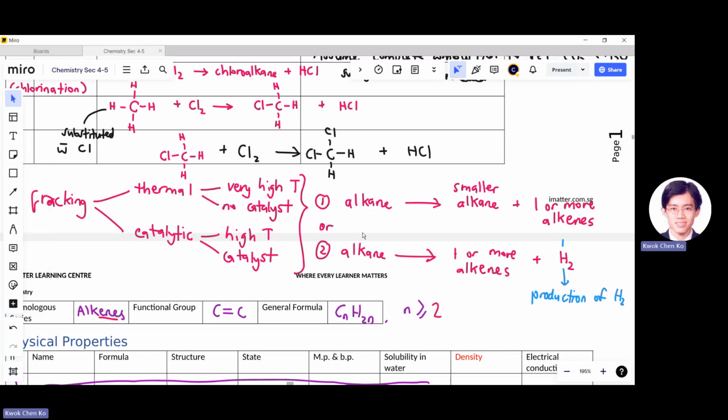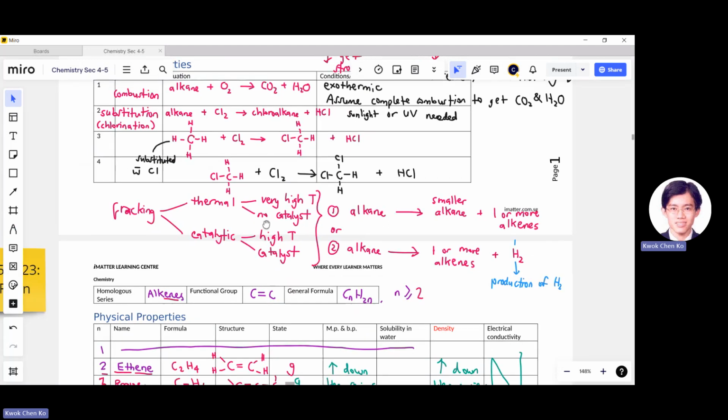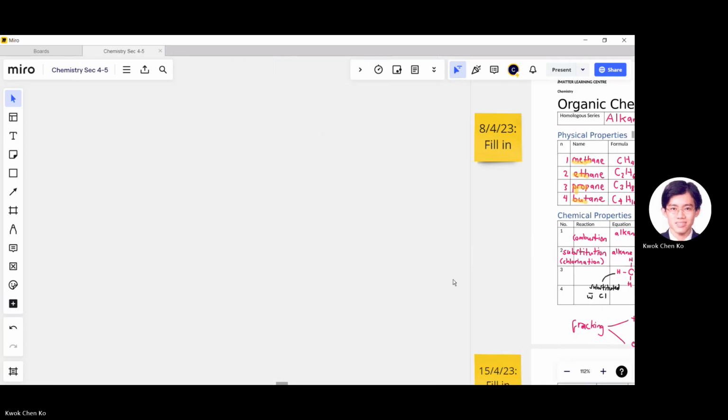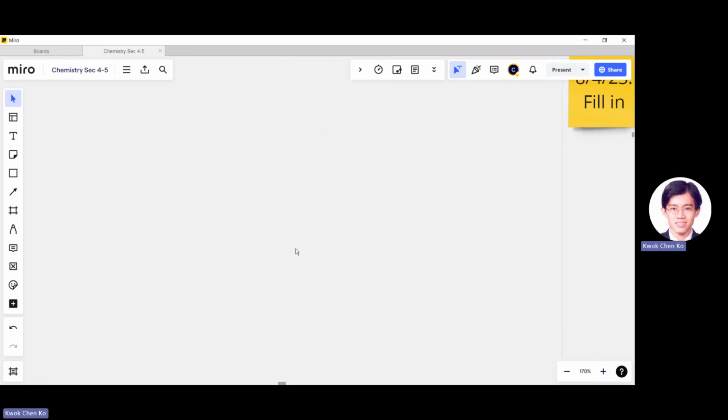I'll give you one example because, as I said, this will likely come up. Okay, so let's say I have this. It's cracking. I have this guy.